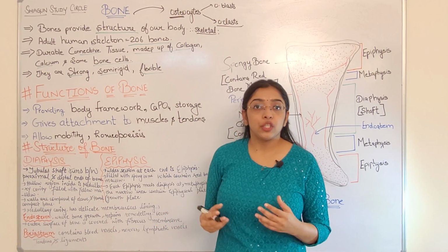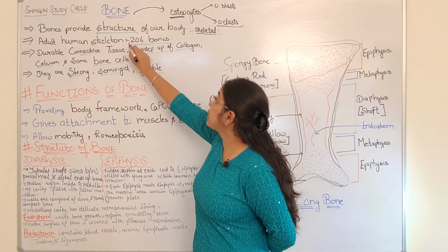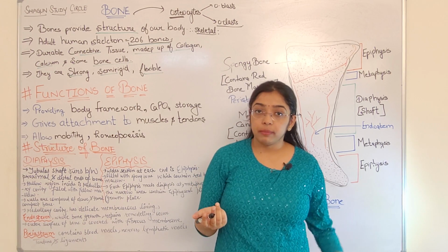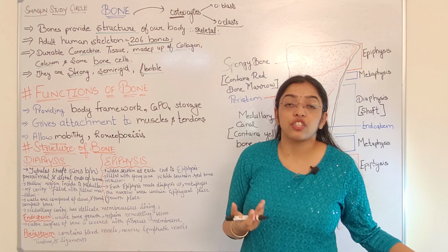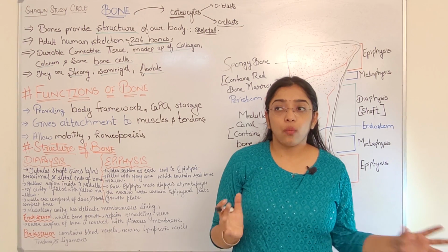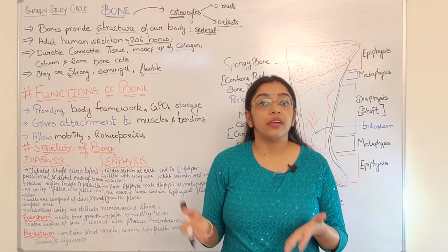After that, coming to the number of bones, the adult human skeleton comprises 206 bones. If we talk about infants or children, they generally have around 300 bones. So how does the number reduce from 300 to 206?